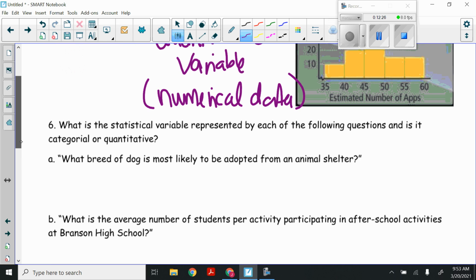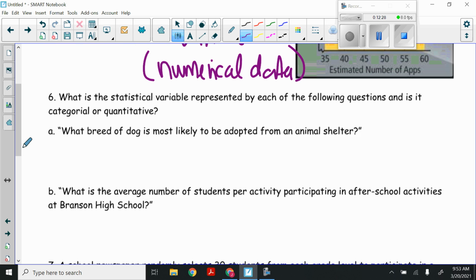Right, example number 6. What is the statistical variable represented by each of the following questions, and is it categorical or quantitative? A, what breed of dog is most likely to be adopted from an animal shelter? Breed of dog, are we going to have numbers there, or are we going to have categories? We're going to have categories like Rottweiler, Doberman, German Shepherd, Poodle, right?